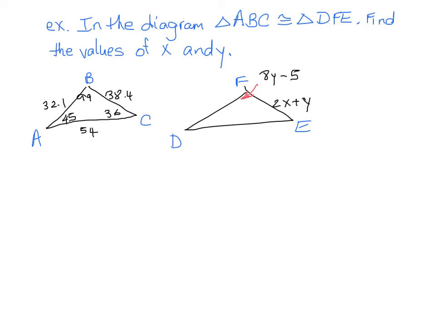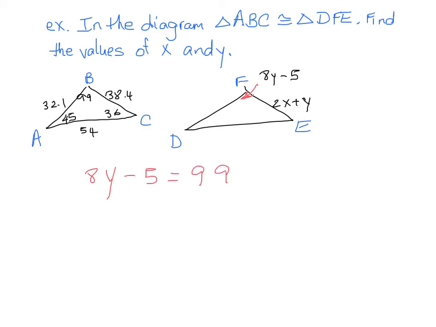All right, so that means that these two triangles are congruent and the angles are equal in measure to the angles, and the sides are also equal in measure to the sides. So in order to figure out what y is, we know angle B corresponds to angle F, which means that 8y minus 5 is equal to 99.